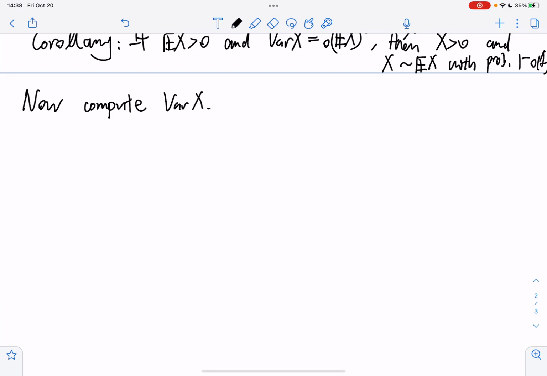Variance of x. Note that the summands of x are not all independent.